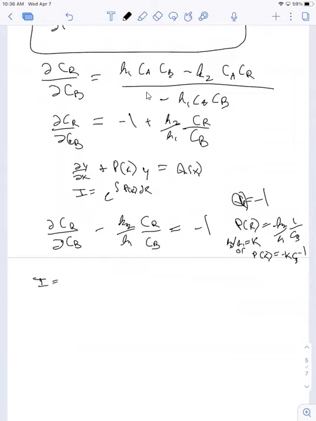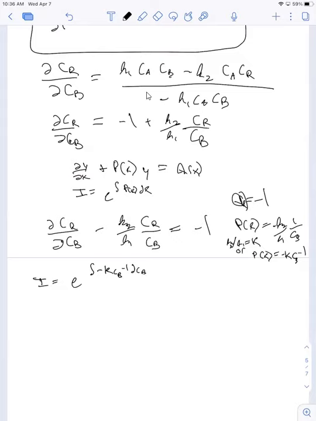All right, so then our I is going to equal e to the integral of K CB to the -1 dCB.